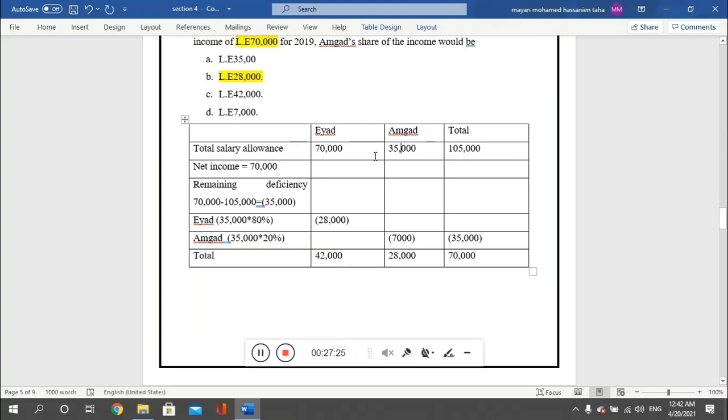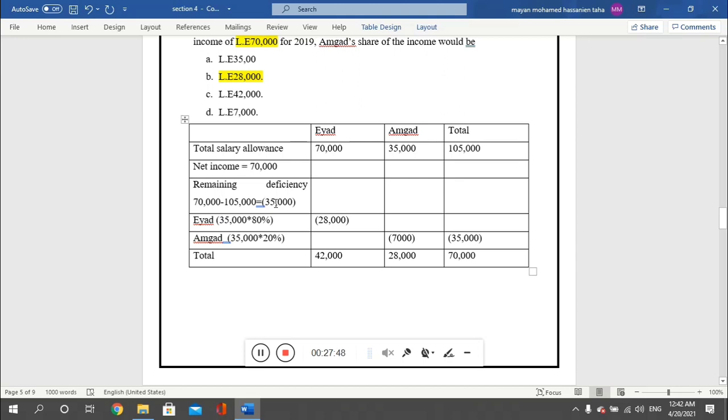Okay. The net income that we need to divide is 70,000. First, they will take 105,000 salary allowance. So the remaining is a deficiency, 70,000 minus 105,000. So there is a deficit of 35,000.